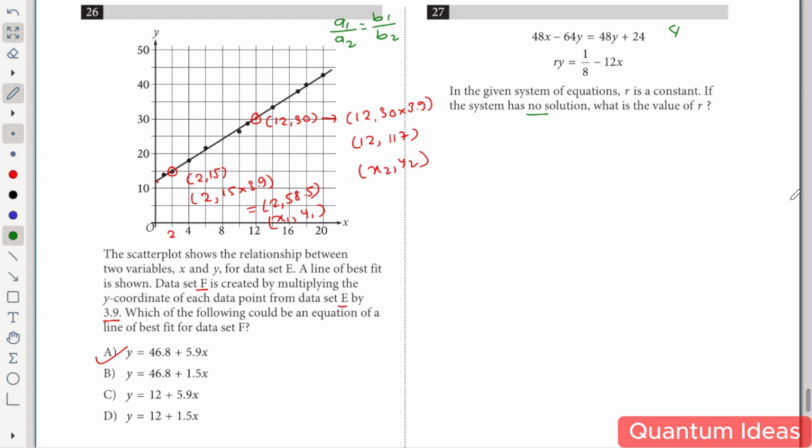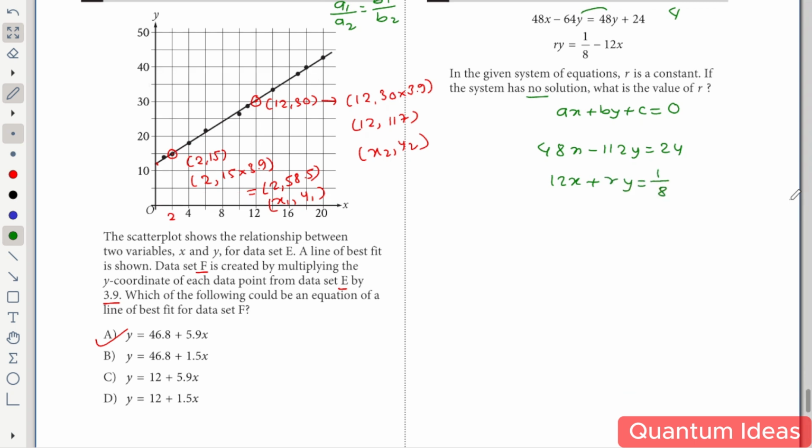Let me write this in the standard form, ax plus by equals c. So 48x minus 112y equals 24. You can write this as 12x plus ry equals 1 by 8.